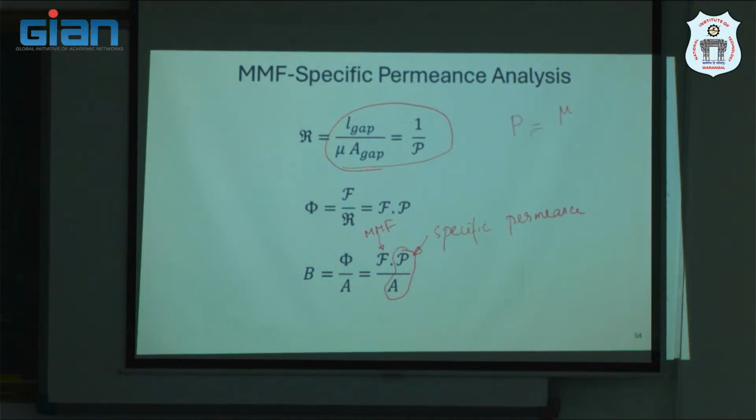So permeance is the inverse of air gap length.